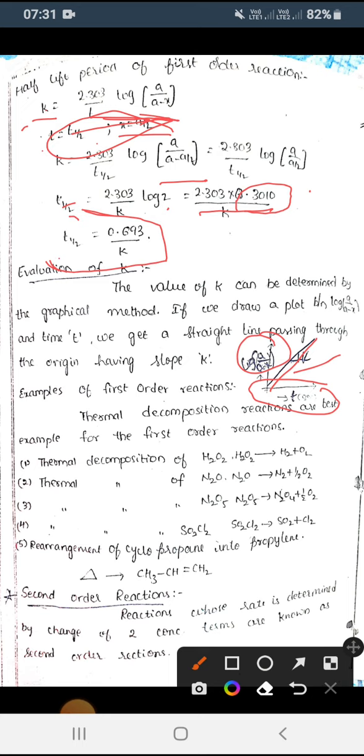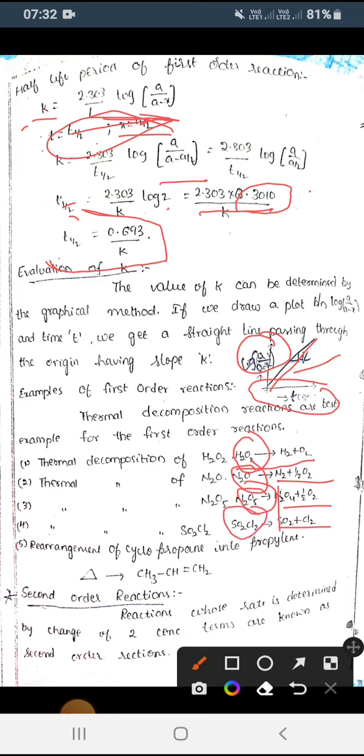If you take examples of the first order reaction, the reactant should be only 1, and the number of products is no problem. For example, H2O2 is converting into H2 plus O2, depending only on the concentration of the reactant. In the same way, N2O gives N2 plus half O2, N2O5 gives N2O4 plus half O2, and SO2Cl2 gives rise to SO2 plus Cl2.